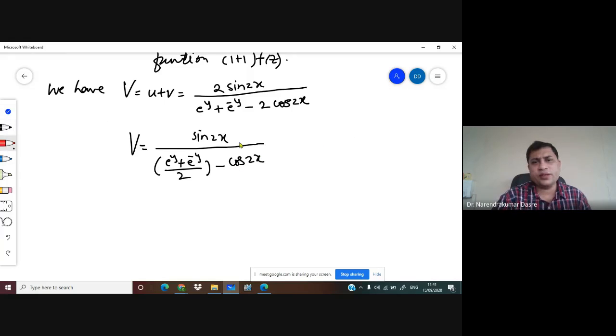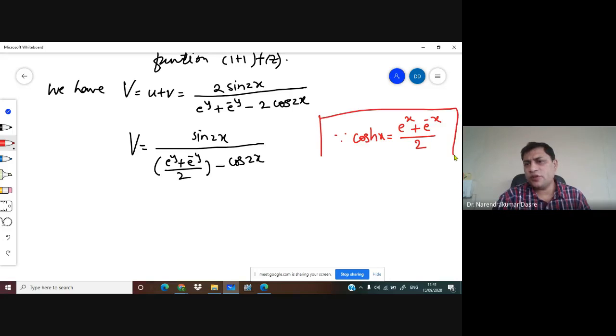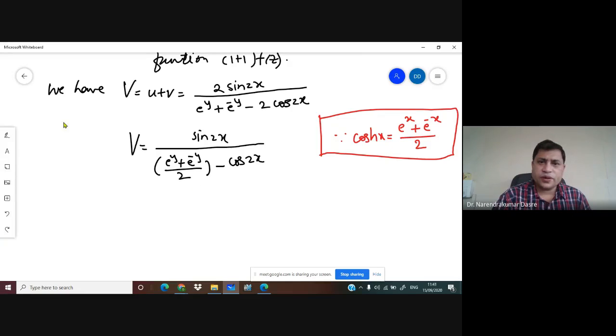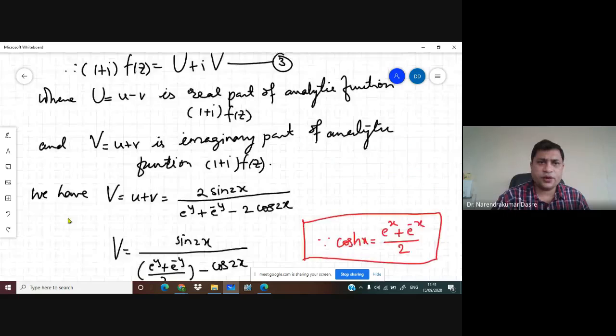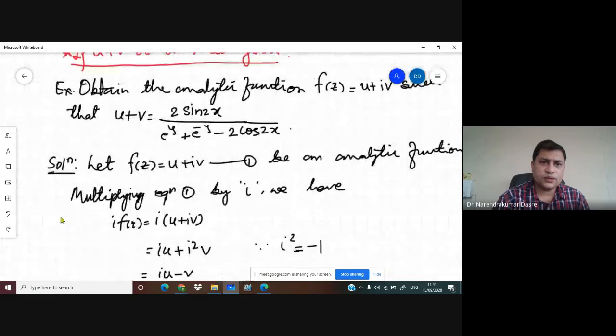Since we know cos hyperbolic x is equal to e raised to x plus e raised to minus x by 2, this is the formula for cos hyperbolic x, and hence we have to consider this. If I use this, we'll have a slight change.